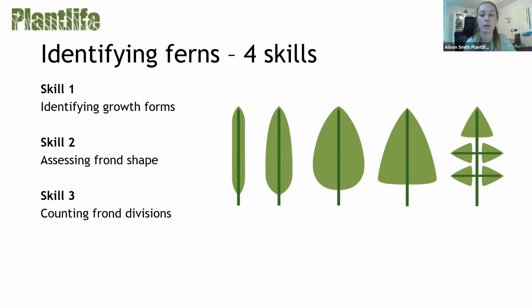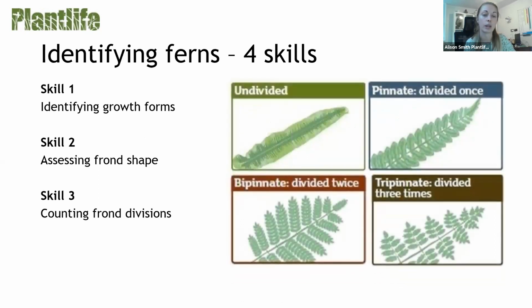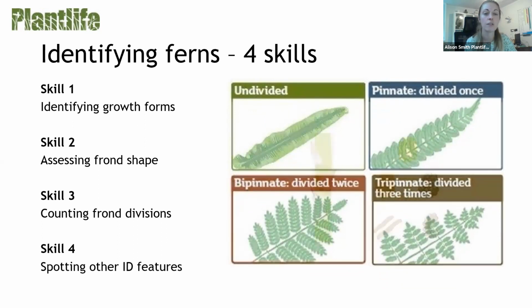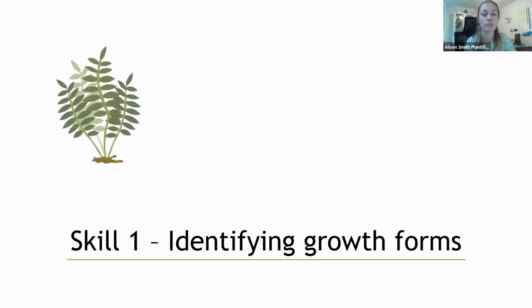So we're going to talk a little bit about that. And then the fourth skill we're going to look at is actually some of the other features. So it's kind of multiple skills really, because we're looking at a few other ID features that are important when you're looking at ferns.